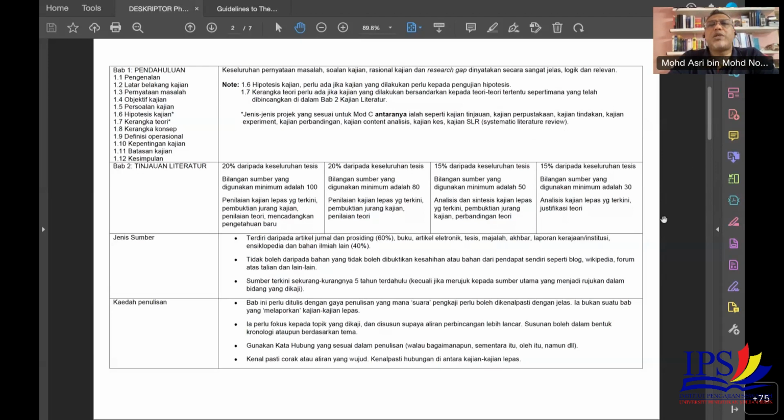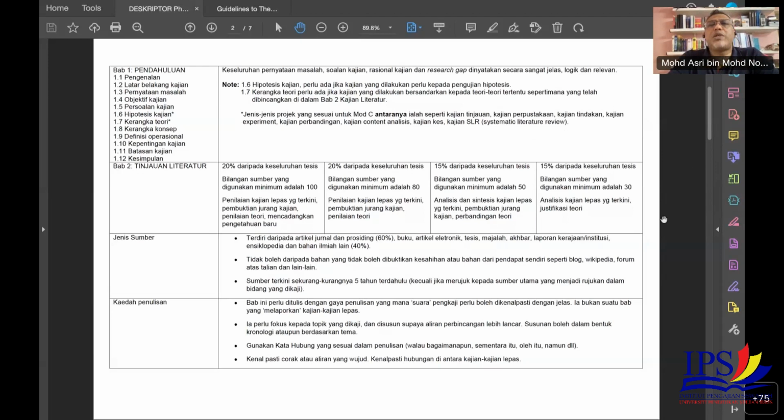However, it doesn't mean that you can never use materials which are older than 5 years. You can. For example, materials regarded as the main reference, because that is the original material that was produced regarding a certain theory or model that you're using.